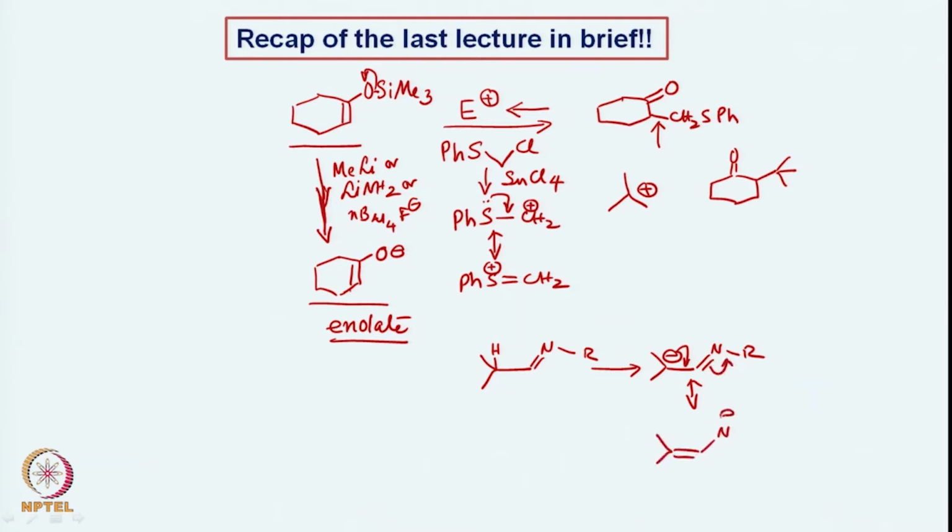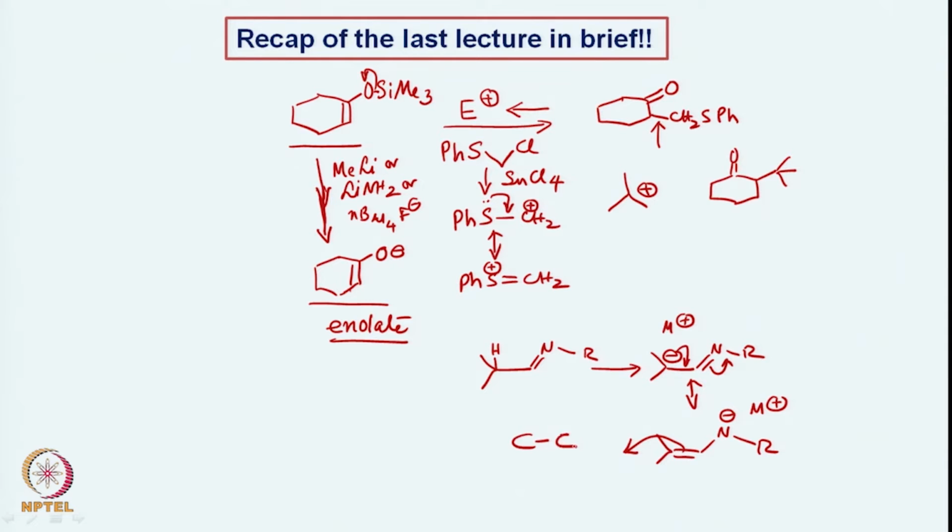What it indicates is that the M plus, which comes from the base, has to be there as a counter cation. This counter cation will remain close to the negative charge on the nitrogen because it is more electronegative, and this allows the C-C bond formation to take place.